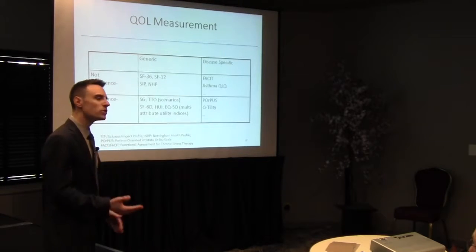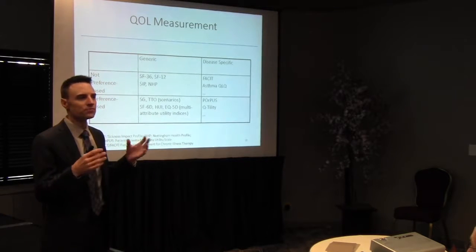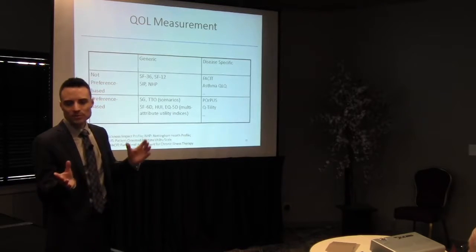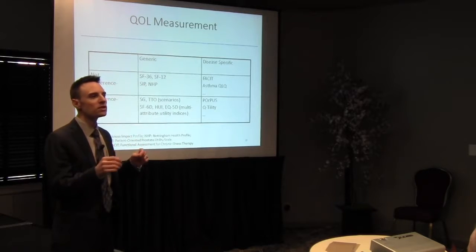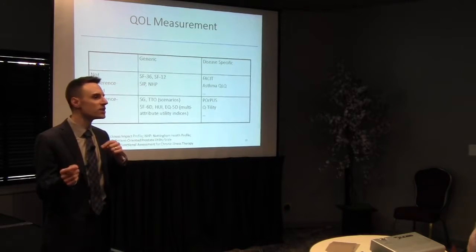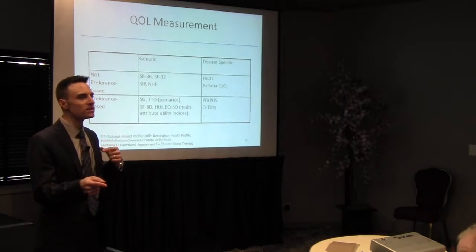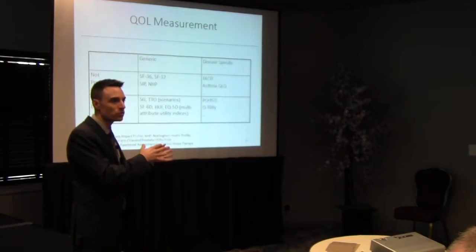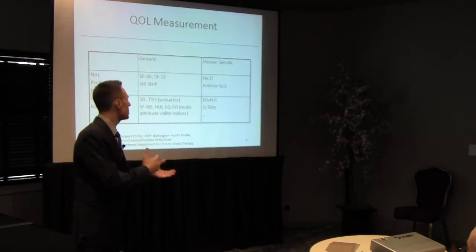The generic ones are nice because we can pretty much give them to just anybody, right? The disorder-specific ones are nice because, on average, I should say, they're more likely to be sensitive to changes in that particular disorder. The problem is they may not be preference-based, and even if they are, they may not have been mapped to a utility value, which means we can't use them for quality-adjusted life years, okay?